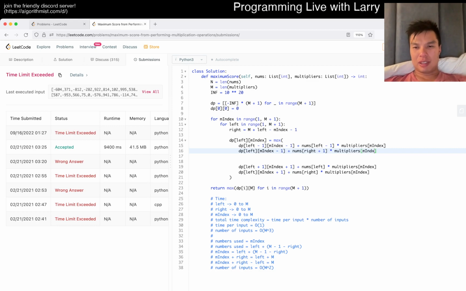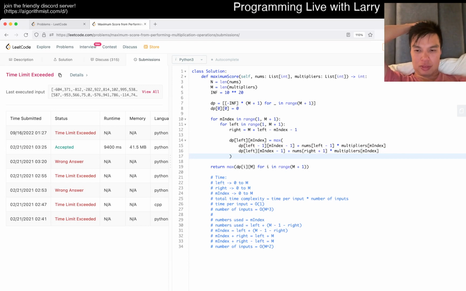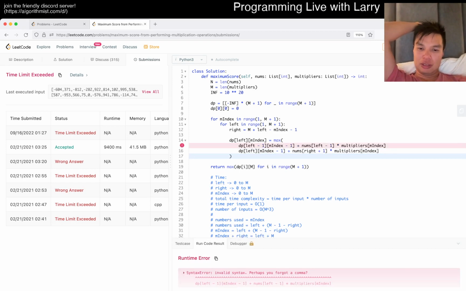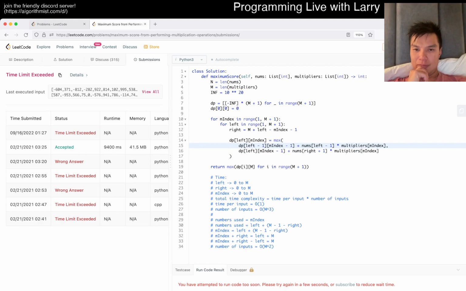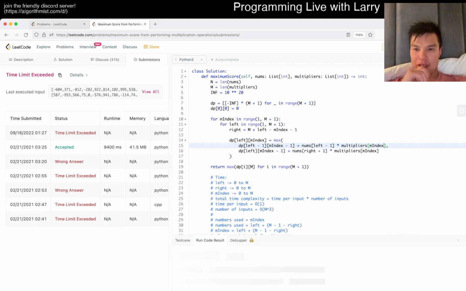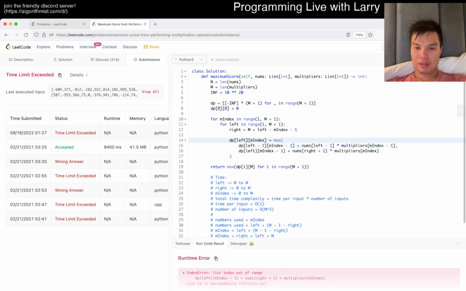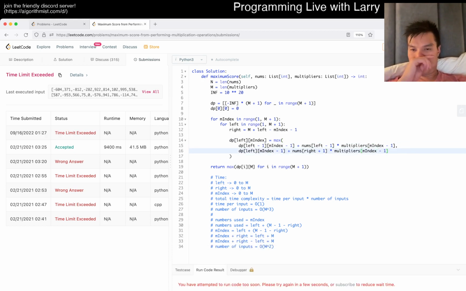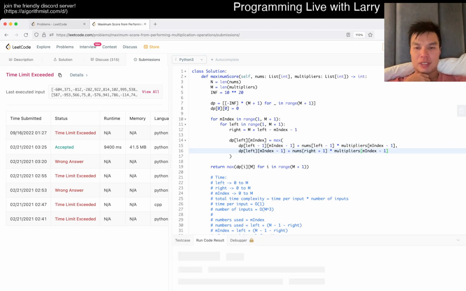I think this is slightly off. Just gonna run it real quick just to see. I forgot a comma. It's also m minus 1. Let's see.